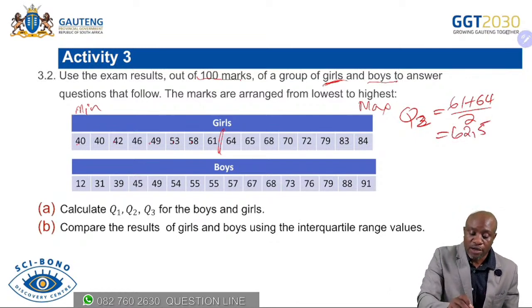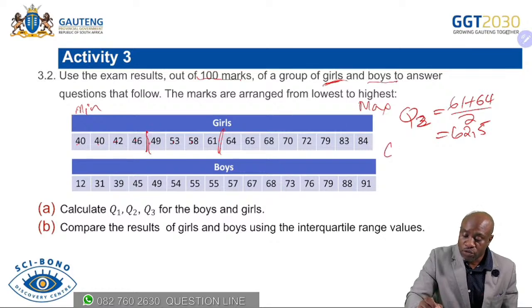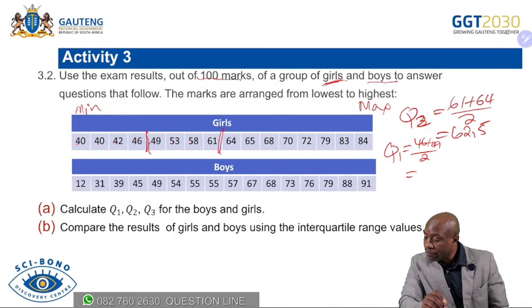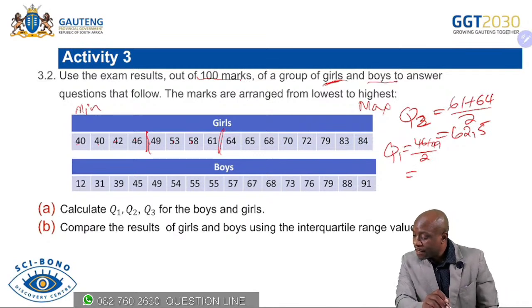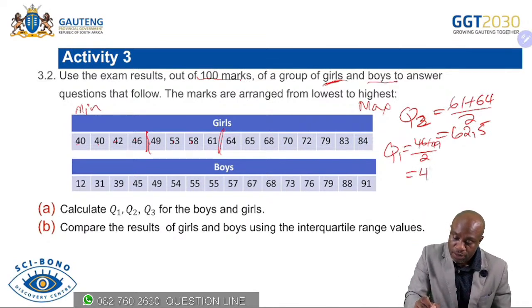And then you now have 8 values for the first half, which is 1, 2, 3, 4, 1, 2, 3, 4. So your Q1 for the girls is 46 plus 49 divided by 2, which will give you 47.5.